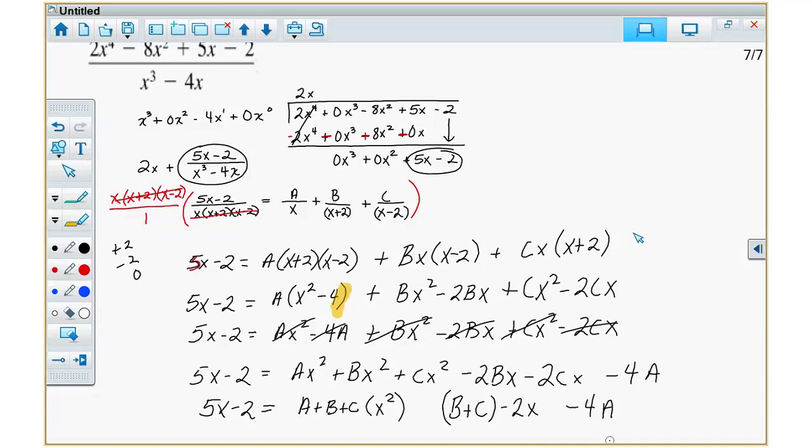Now, you don't have an x squared term on the left side. You have an x term and you have an x to the 0 term. So you can use those two to maybe figure out these, but I don't think it's going to help you. I think you're going to have to use the zero factor.